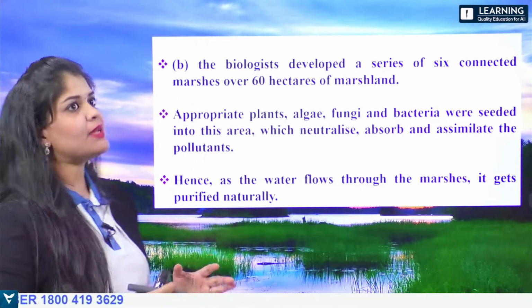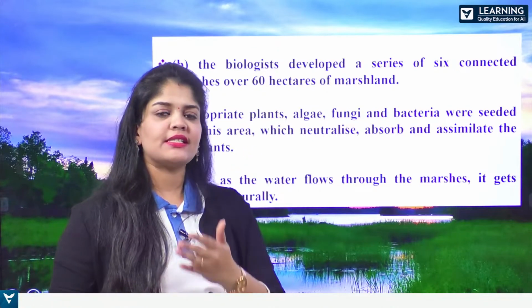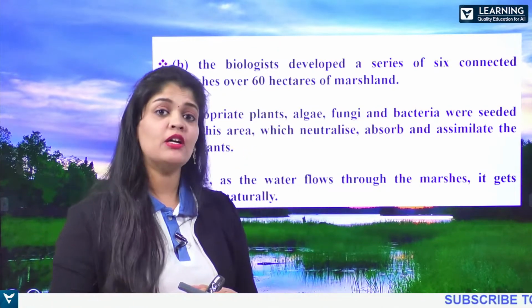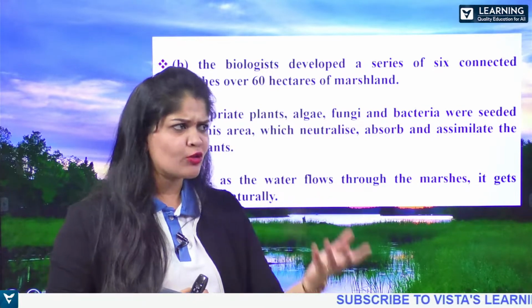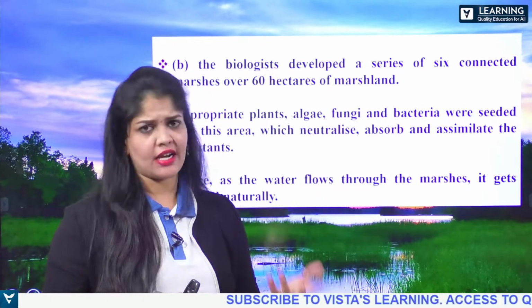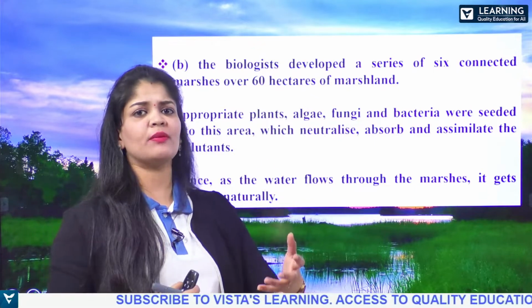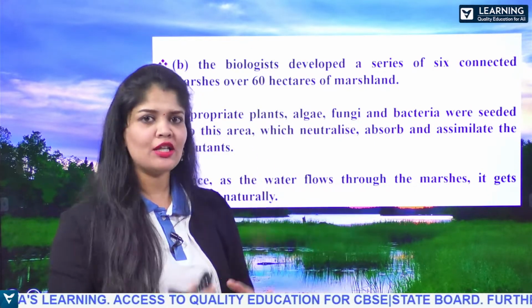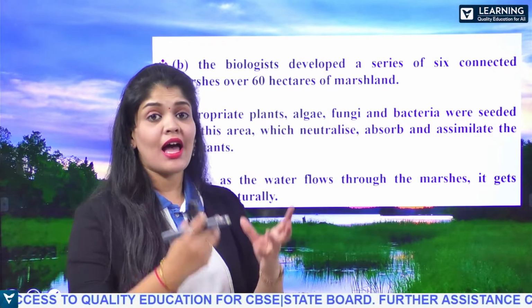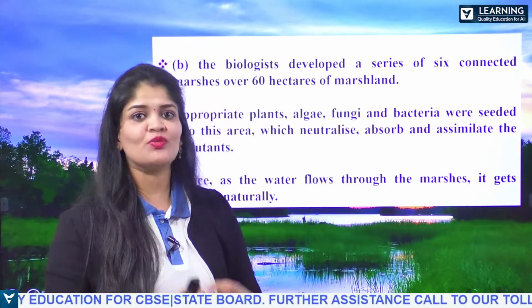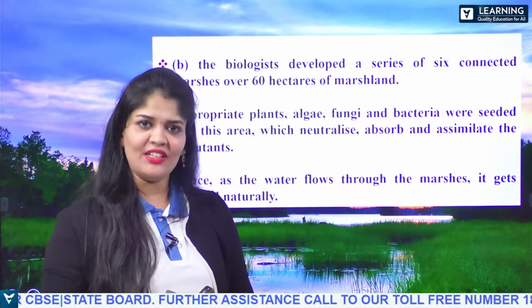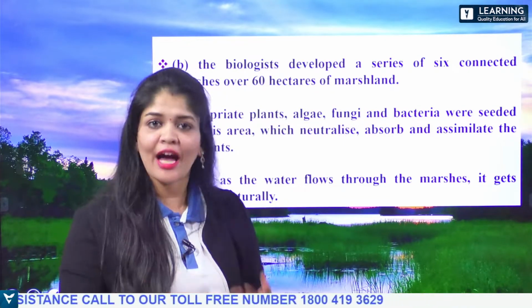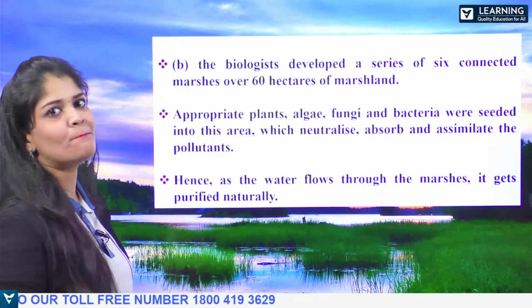Let's see. Similarly, while we were discussing the usage of microorganisms in treating sewage water, we also discussed anaerobic bacteria and aerobic bacteria, right? So here, the aerobic bacteria will feed on the organic matter present in the sewage. Here also, that organic matter has to be consumed and assimilated by a set of living organisms, and for those living organisms we are providing the habitat by means of marshes.